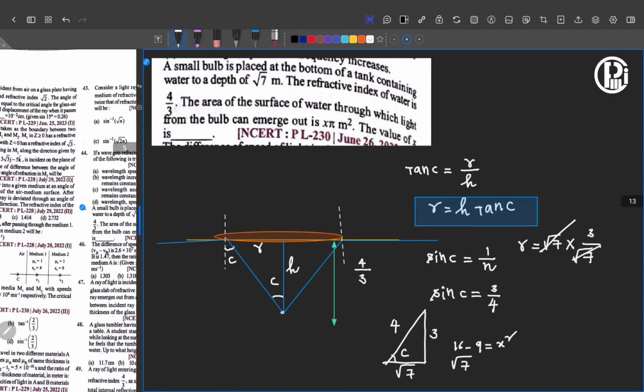Therefore the root 7 cancels, and R is equal to 3 meters. Therefore you can find the area. Area is equal to pi r square, and R is 3, so I get 9. The answer is 9 pi meter square, that is the area. Therefore the x value is 9.